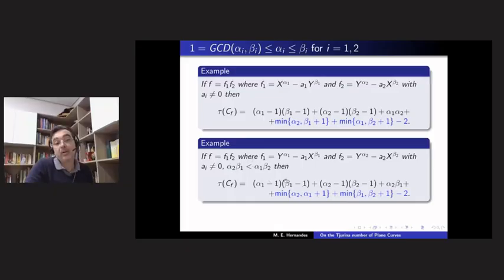So appear the Milnor numbers, which coincide with the Tjurina numbers of F1 and F2. Here is precisely the intersection multiplicity of F1 and F2, and here is the cardinality of the difference between the values of the differentials in the branch F1, for instance, minus the values of the semimodule. And using the differential forms, we can also obtain formulas for the Tjurina number in several other situations.